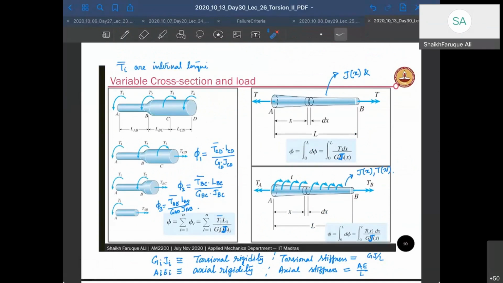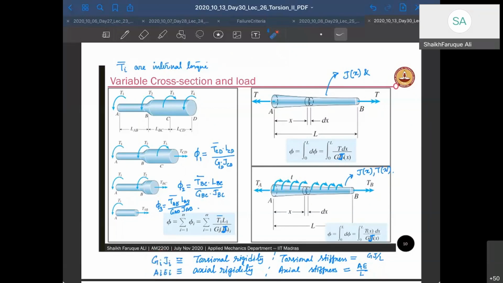Here also we can find it. We call GJ as torsional rigidity. For example, AE is called axial rigidity, right? And torsional stiffness is GJ by L and axial stiffness is AE by L. You can see the complete relationship: the material parameters, the geometric parameters divided by length. Here also the material parameter with the geometric parameter gives you torsional rigidity or axial rigidity.